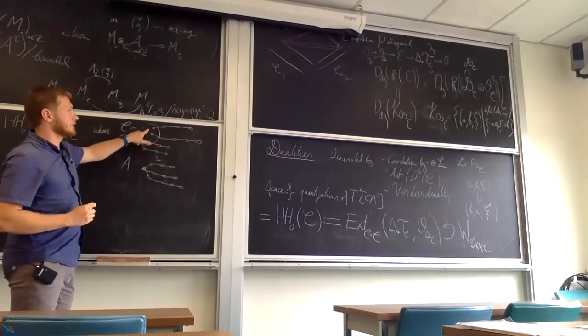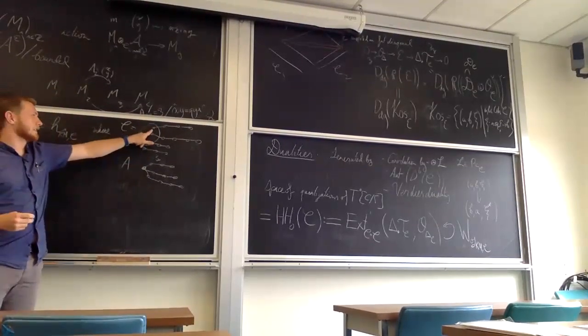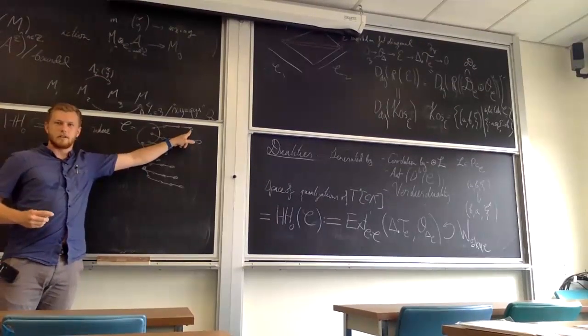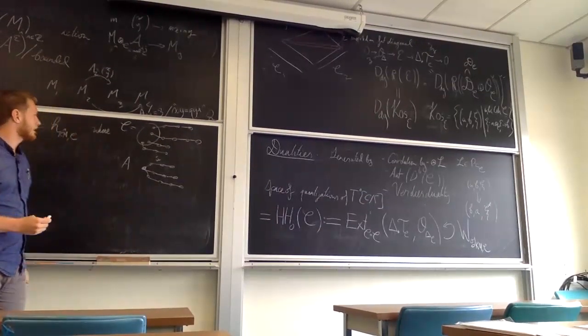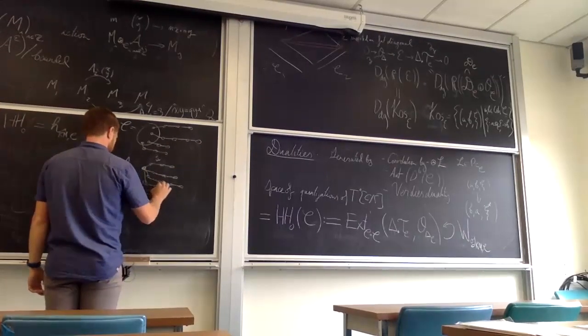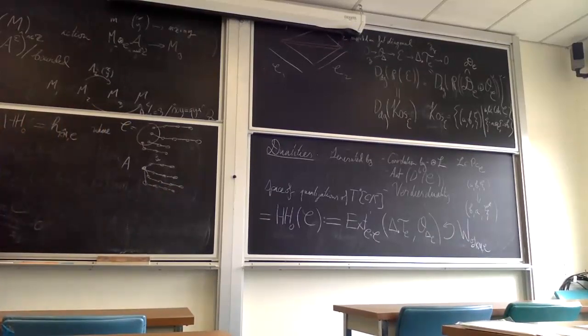It's just that we've taken the same thing as stacky points, and then I'm just telling you the stabilizer of the stacky points. It runs through some finite group. Yeah, finite group.